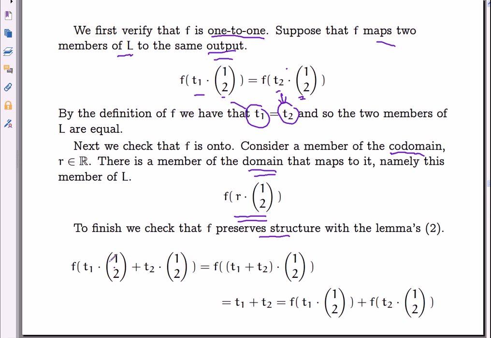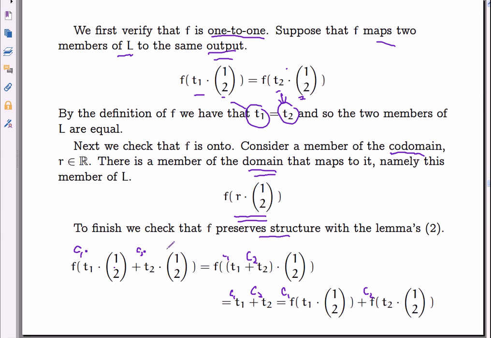What he really should show here is that we have f of some constant times this one plus some constant times this one is equal to f of c1 t1 plus c2 t2, and that's equal to c1 f plus c2 f, so that's c1 and c2 there. So really there's a deficiency here.